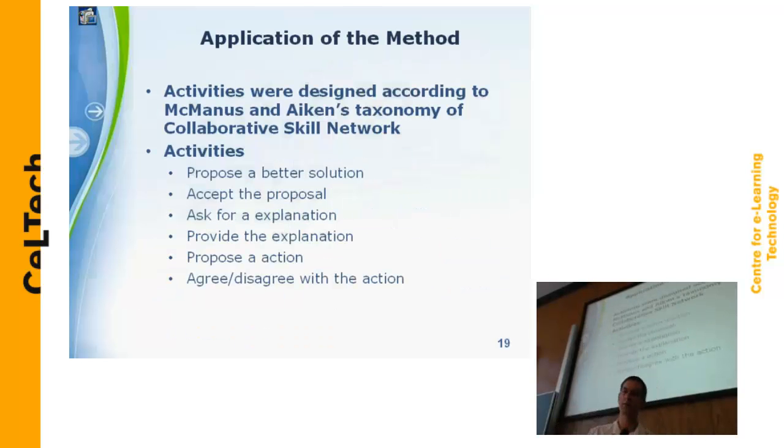Okay, I prepared a slide for this situation. As I mentioned, we use as characteristics information about which activities are typical for a particular student. So if we found out that a particular student has a tendency to propose a better solution, we created a characteristic: this student proposes better solutions very often.